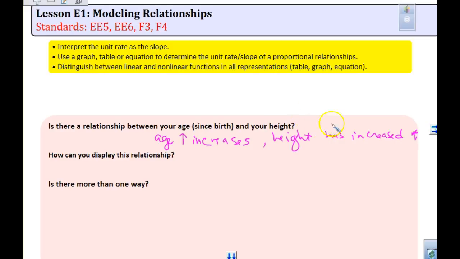Okay? So if we are looking at a graph, and you had age down here, and you might have, from 0 to 1, we could have 2, we could have 3, we could have your age, and we could say in years, or we could say in months, depending. And then we might have our height.